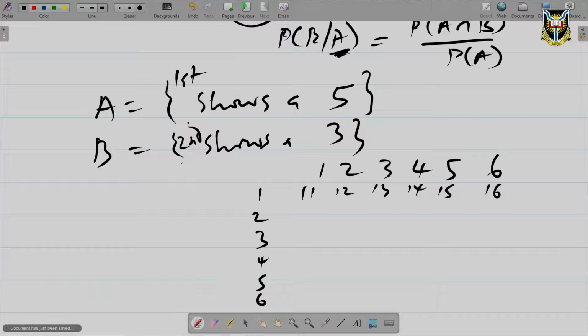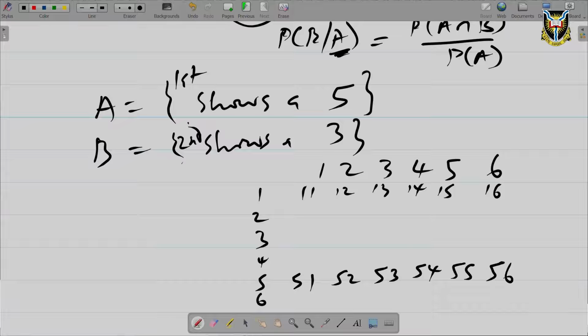This helps students to gain speed, especially during exams. The interest is the first shows a 5, so I look at which one is the first. The first is here: 5,1; 5,2; 5,3; 5,4; 5,5; 5,6. That is my interest.